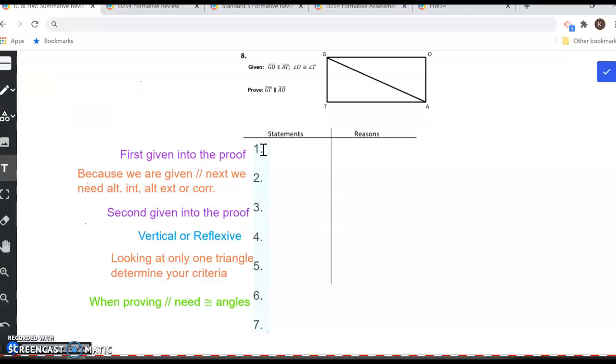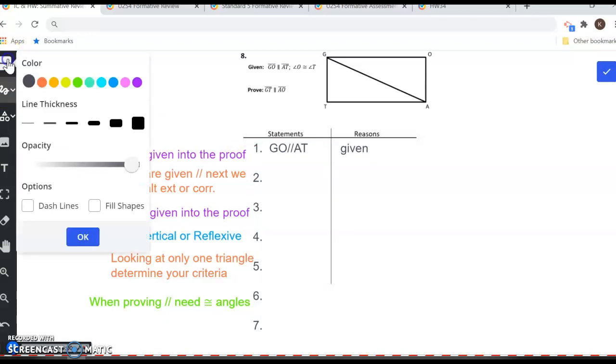So in my first step, I'm going to go ahead and put GO is parallel to AT. That is given. Okay, there's nothing to mark there, but because we're given parallel, the next thing we need is alternate interior. So if I'm looking up at my picture here, which alternate interior?